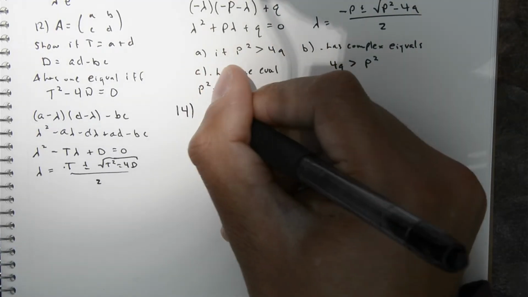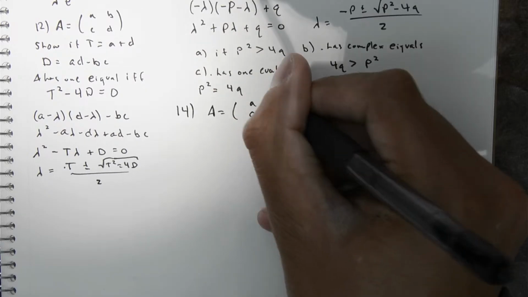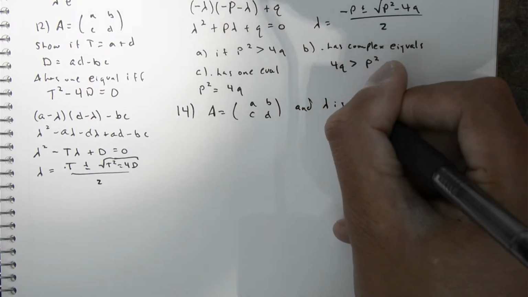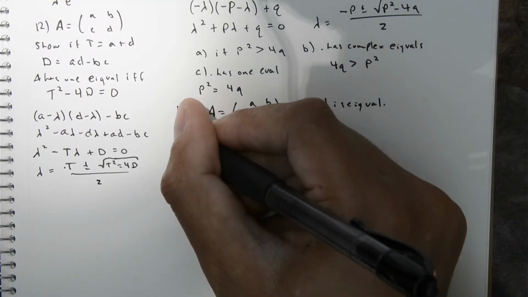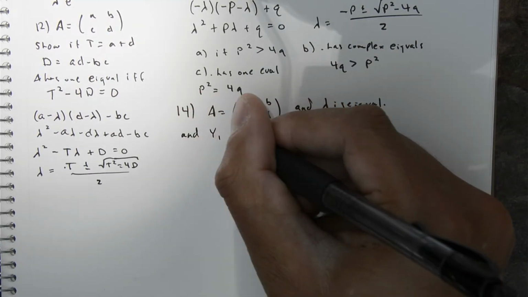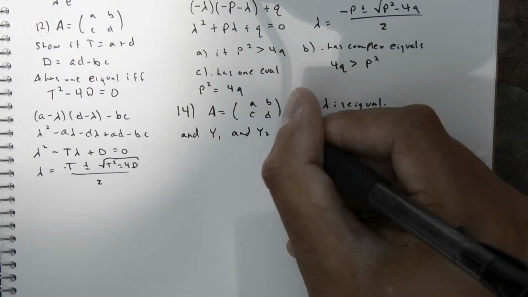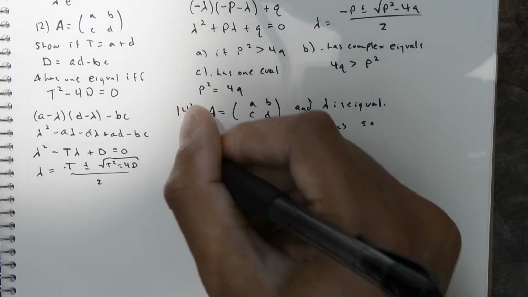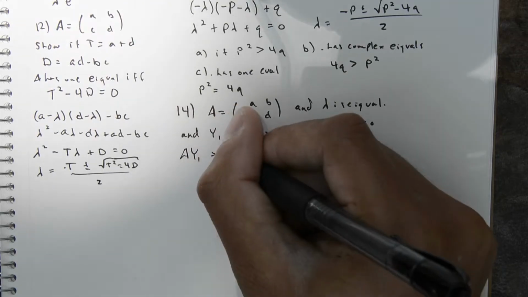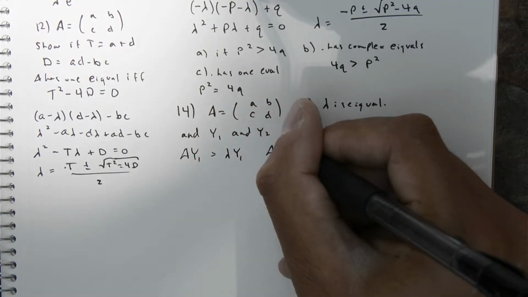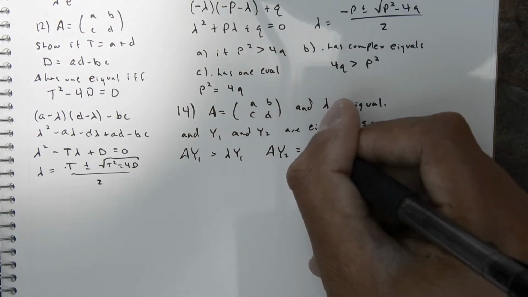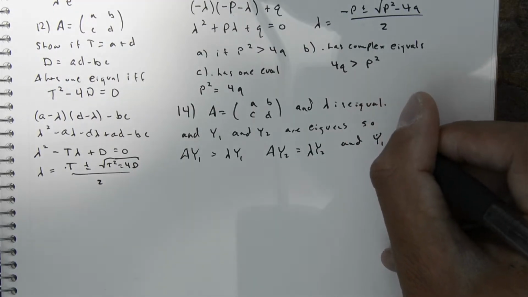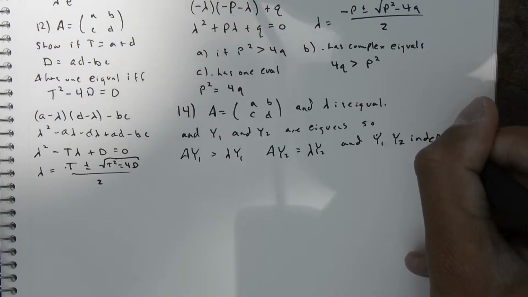So we have A is equal to the matrix a, b, c, d, and lambda is an eigenvalue. And y1 and y2 are eigenvectors. So Ay1 is equal to lambda y1, and Ay2 is equal to lambda y2, and y1, y2 are independent. Okay?